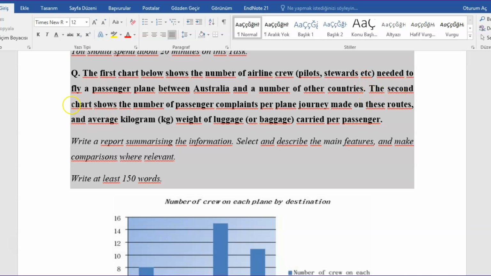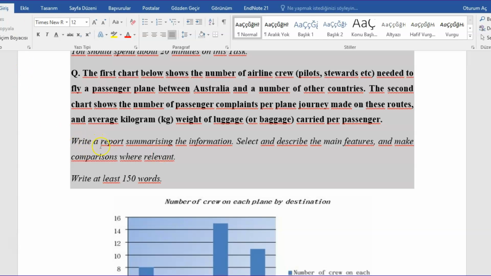The second chart shows the number of passenger complaints per plane journey made on these routes and the average kg weight of luggage or baggage carried per person.